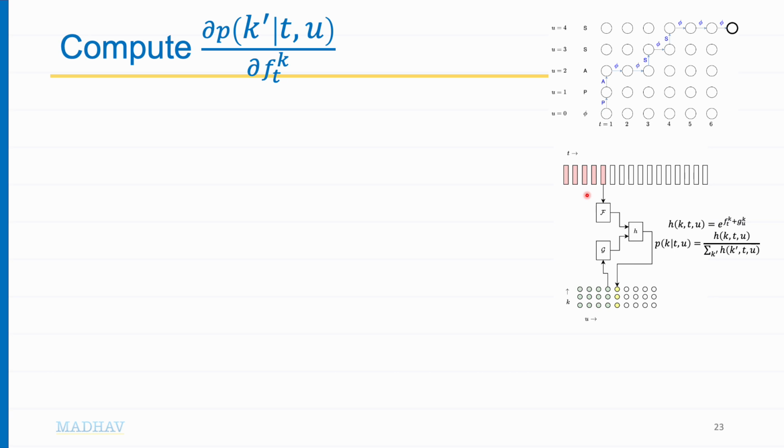This is true and k is not equal to k. But k equal to k. What if k is not equal to k?